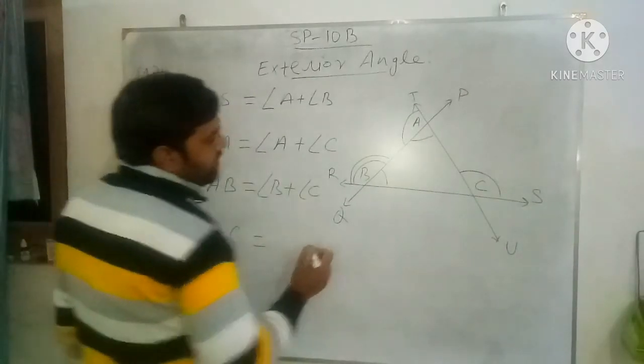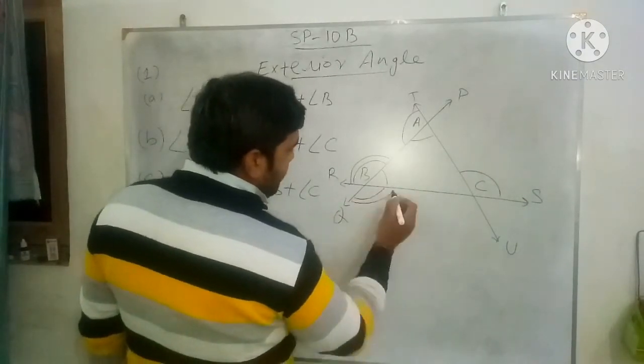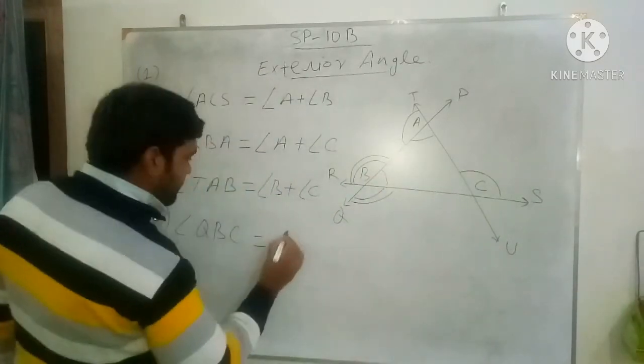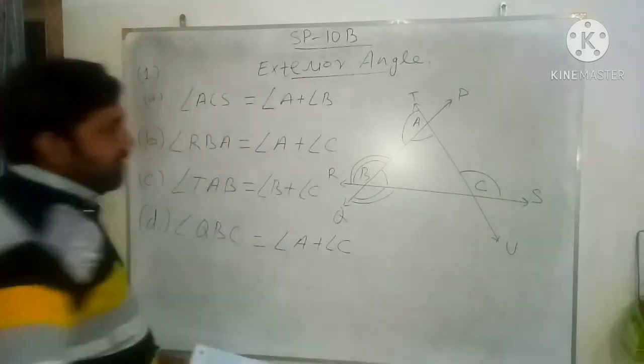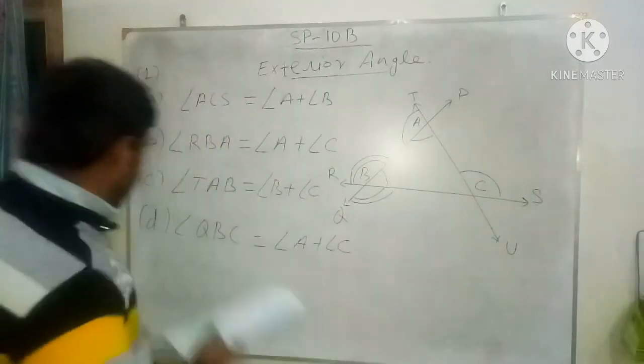Its interior opposite angles are A and C. So angle A plus angle C.